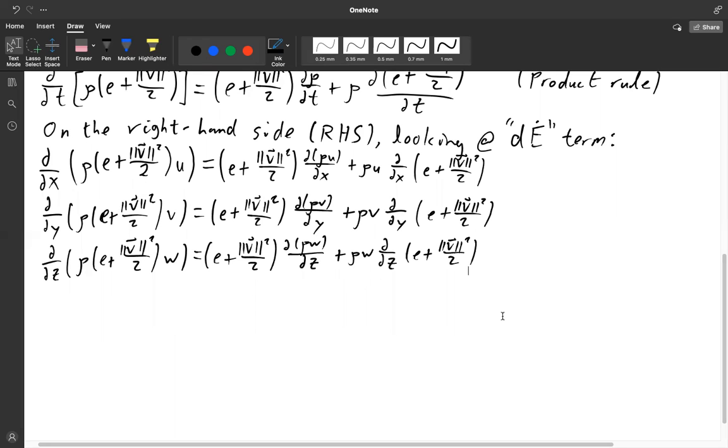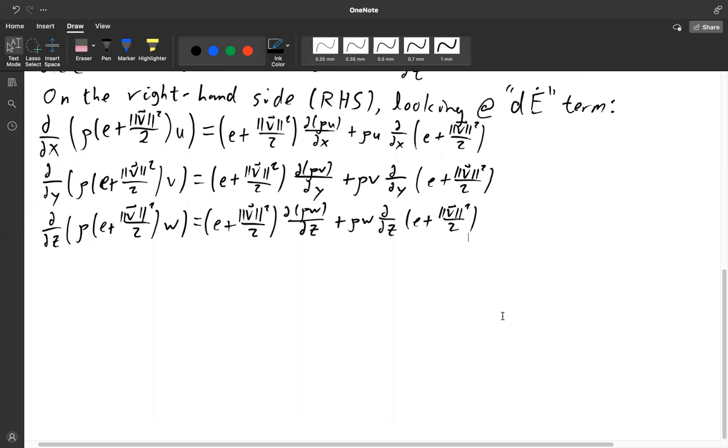So now we can reorganize the equation that we have above, and that will give us the following.